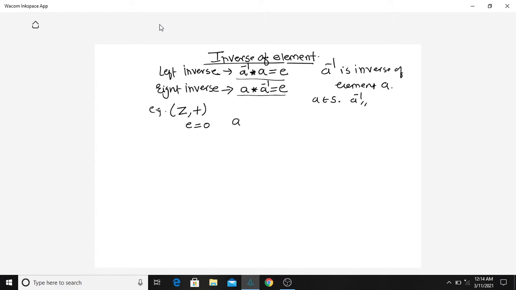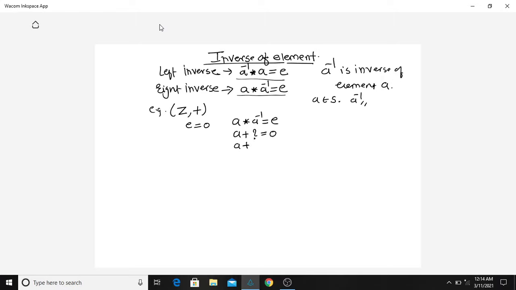So let us check right inverse. Definition: A star A inverse should give you E. So A is the element, plus is the operation defined on this system. So what will its inverse be so that it is equal to 0? A plus what gives you 0?